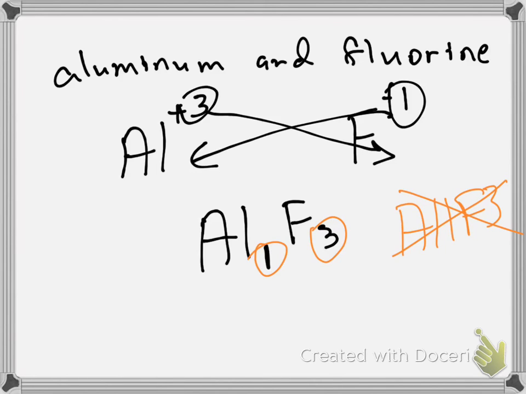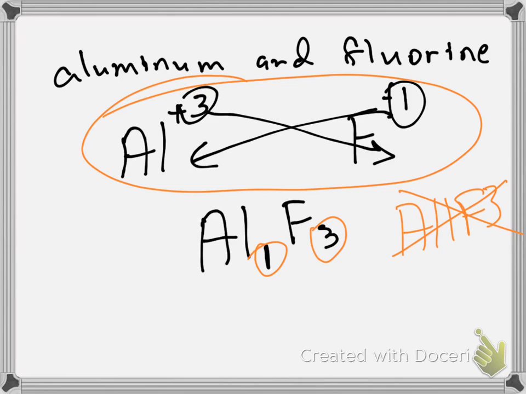Also, when you're doing this extra step right here, this work, you have to write it down. If I see your paper and the only thing you have is Al1F3, I'm going to mark it wrong and not give you credit for it. You have to show the work.